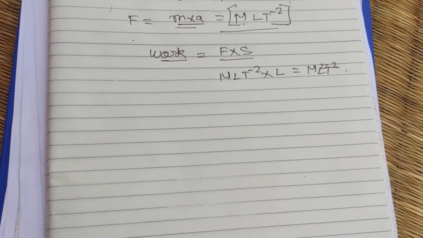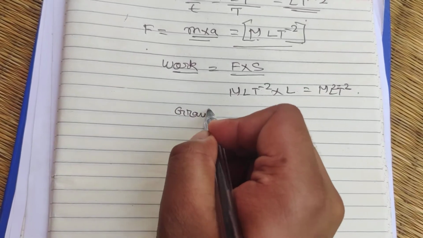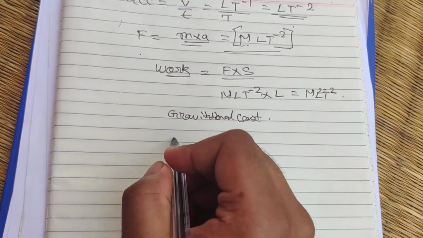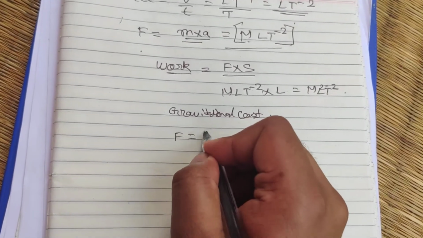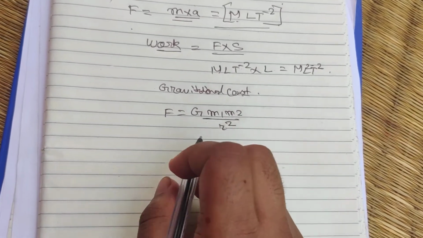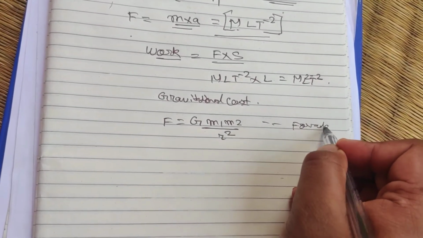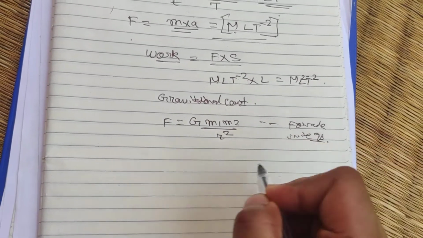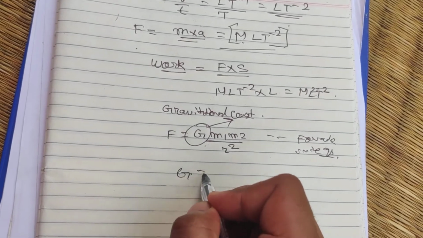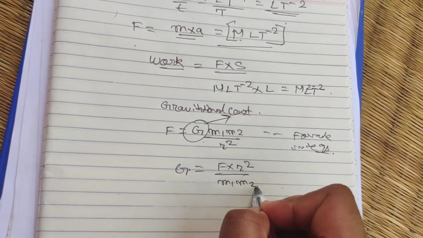Now, for example, a question is given to find out the gravitational constant. Force is equal to G m1 m2 by r square. This formula will be given in the question, so you need to find out G. To find G, take G on one side: F into r square upon m1 m2.